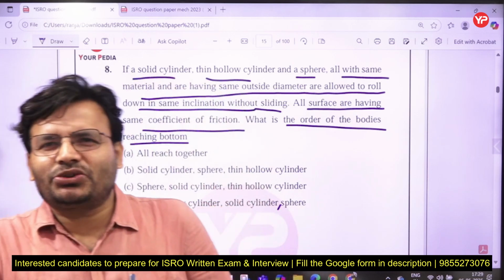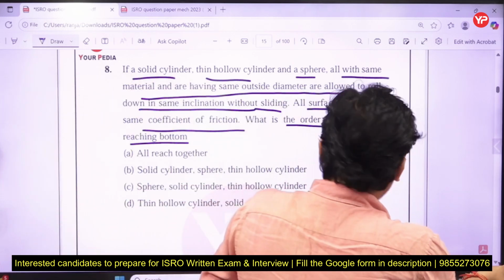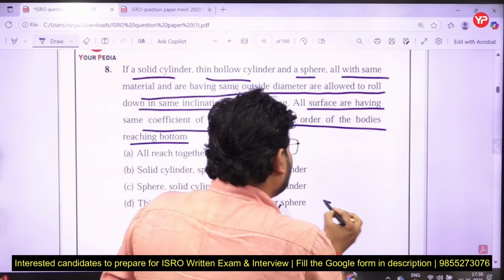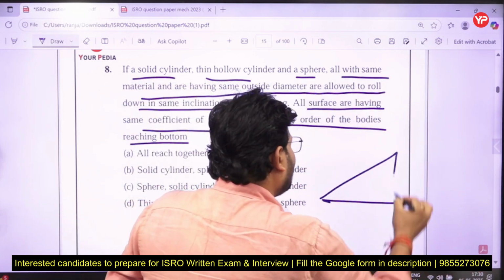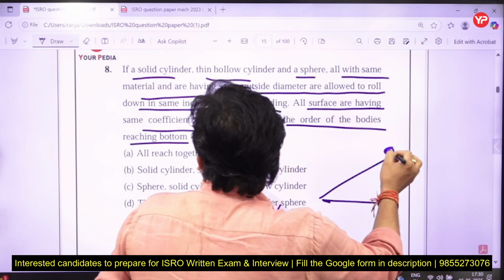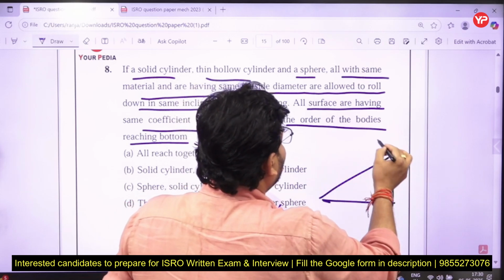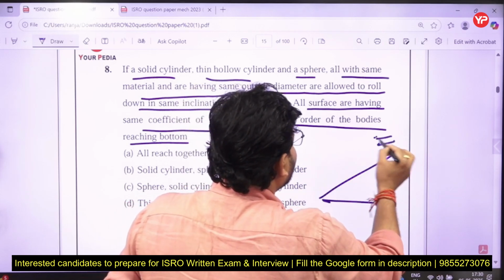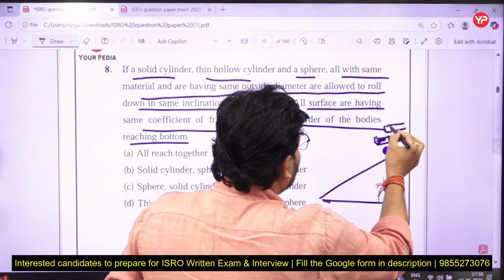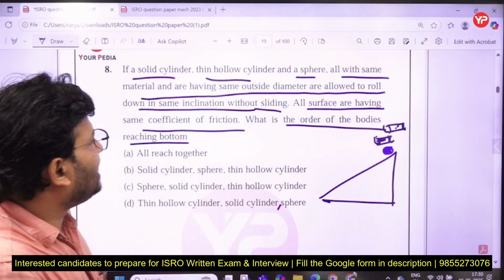So just think about the question first and start thinking. Suppose there is an inclined plane, and here are three things: one is a solid cylinder, one is a hollow cylinder, and this is a sphere, having the same outside diameter, allowed to roll.